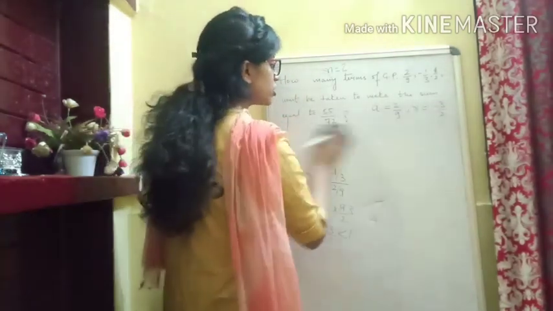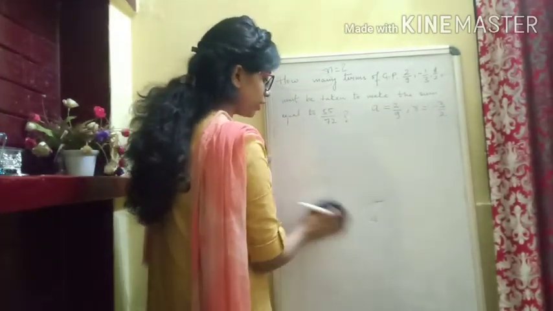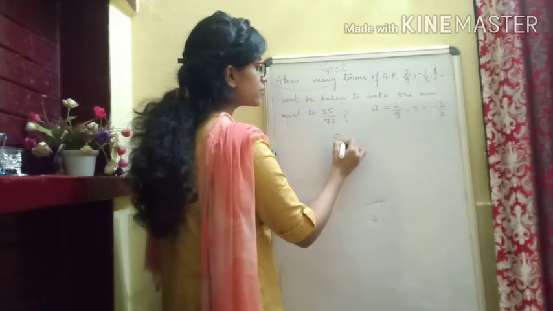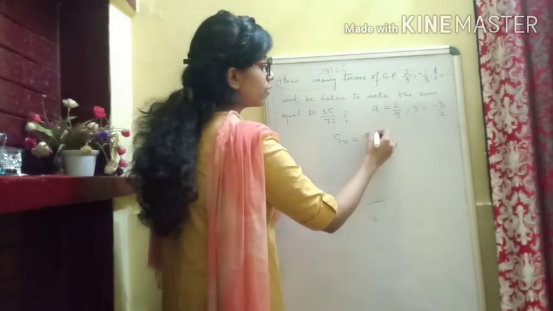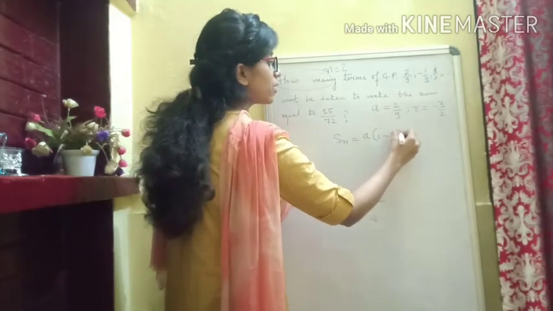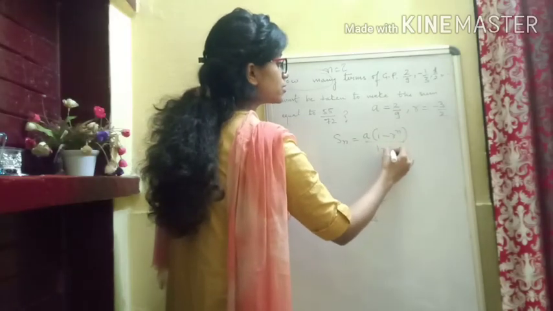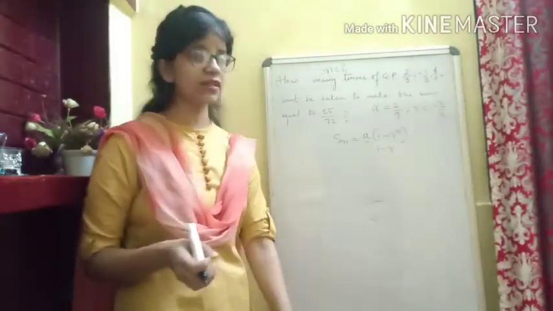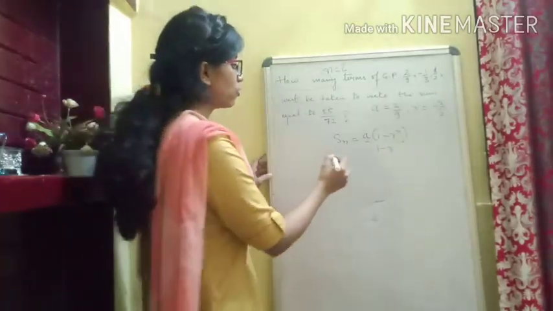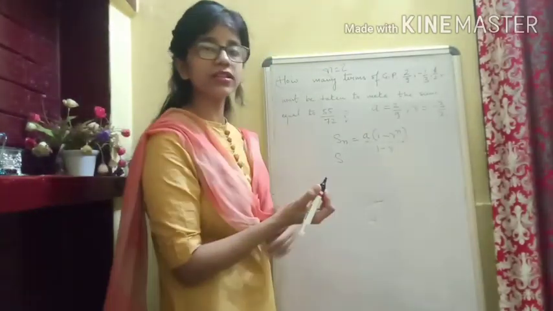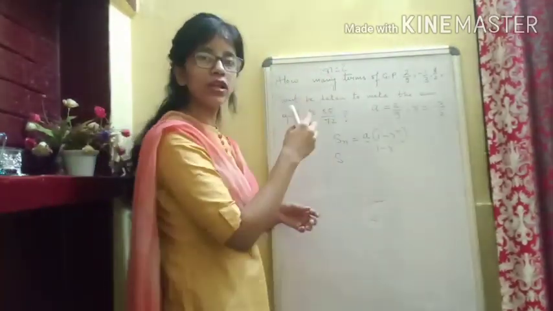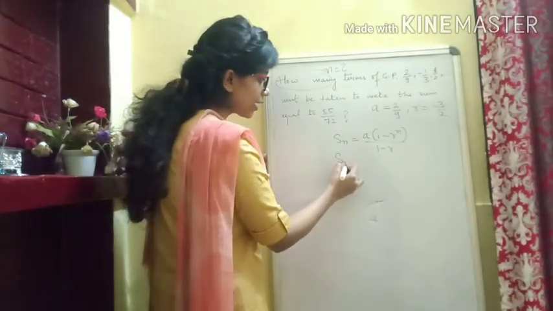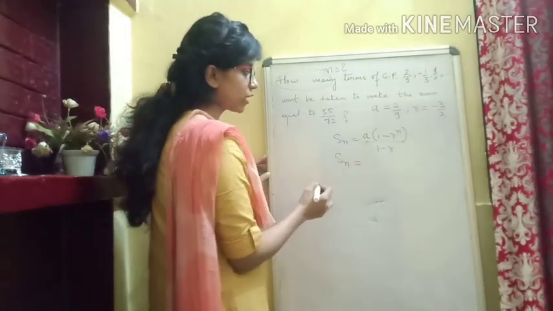So with this information we can apply the formula, Sn equals a into 1 minus r to the power n upon 1 minus r. This is the formula we use when r is less than 1. Now we don't know how many terms we are taking, that means we don't know the value of small n. So we take it as n only. That's what we have to calculate.